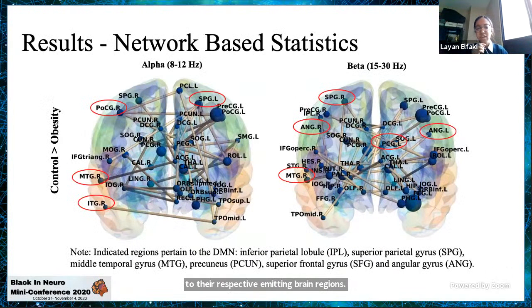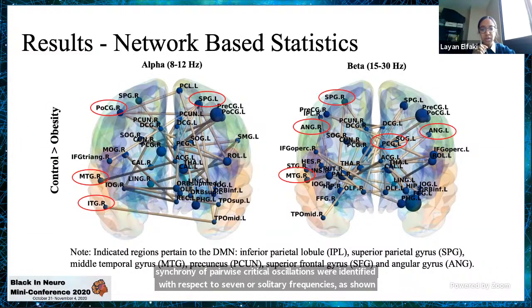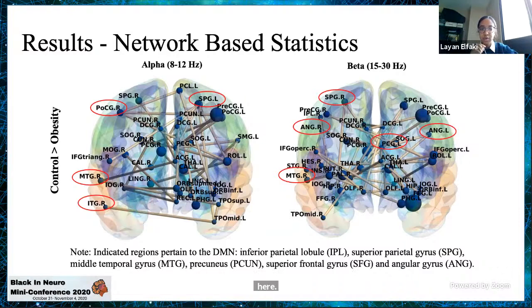As for the results, the network-based statistics analysis toolbox, or NBS, was employed to identify significant network differences between the groups. Shown here are the functional connectivity links that were significantly reduced or impaired in the obese group as compared to the control group.